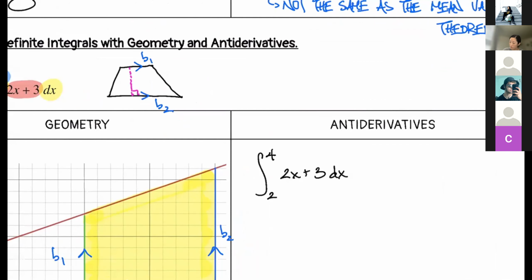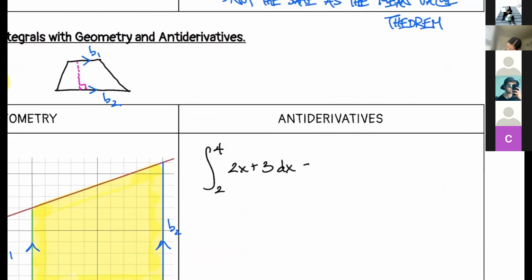And what we're going to do is, you don't need to do this part, but for some of us, it might be helpful. 2x to the first power plus 3x to the 0 power dx. Okay. So all I've done is sort of rewrite it so that I can see the powers, because just like folks did earlier, we're going to go ahead and find the antiderivative by using the power rule. That's sort of like our one rule that we know so far, okay?